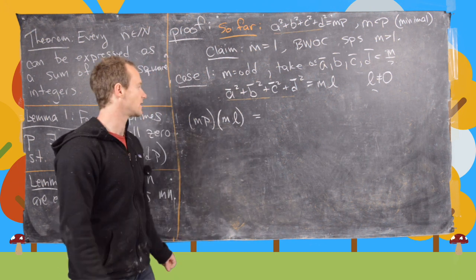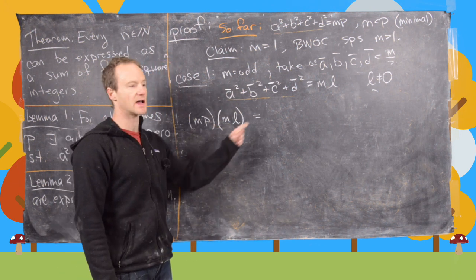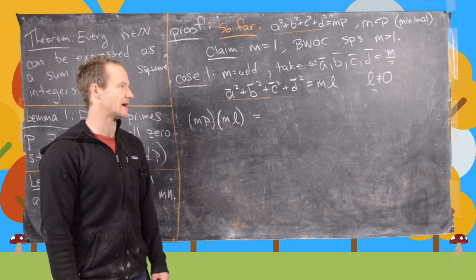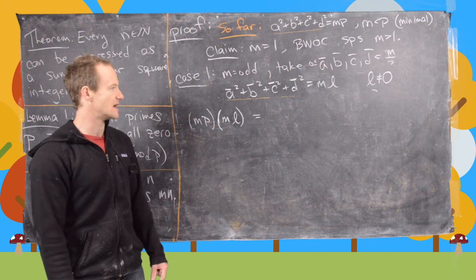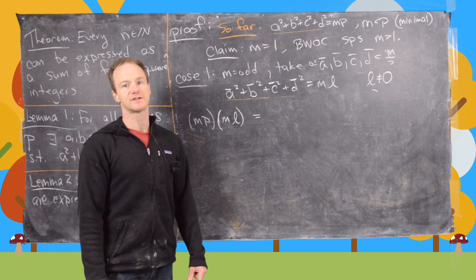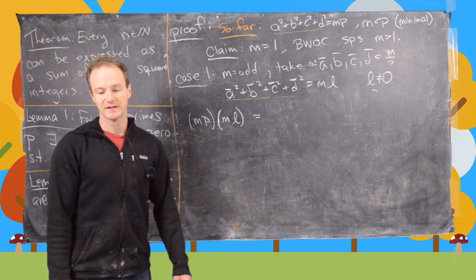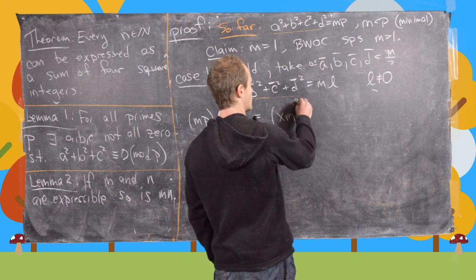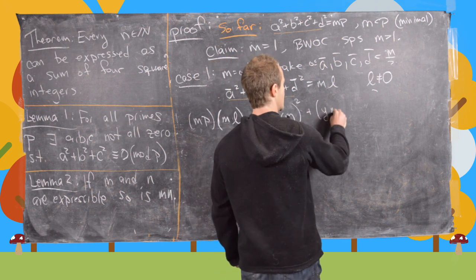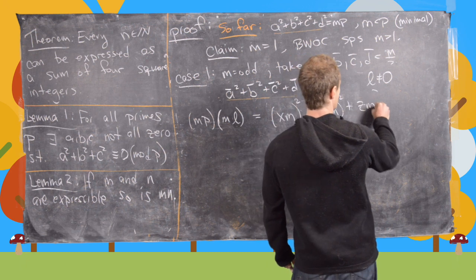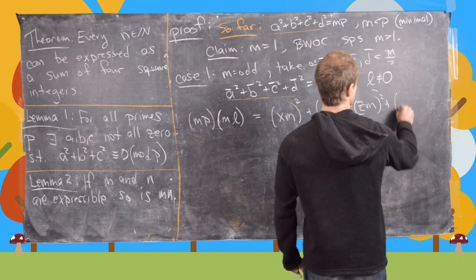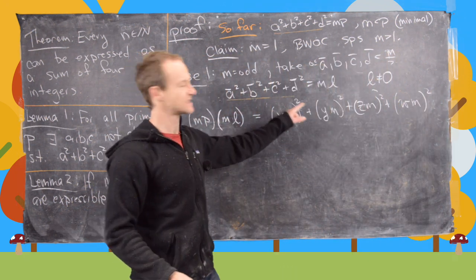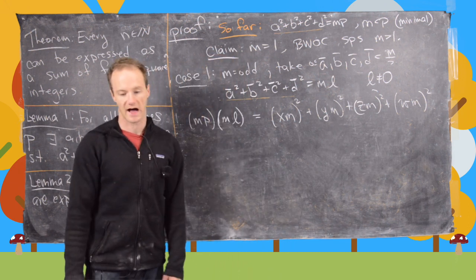Okay, so let's recall on the last board, we showed that this product expanded into a sum of 4 squares. Each of those summands was congruent to 0 mod M. In other words, each of those summands was a multiple of M, so that means we can write that as xm squared plus ym squared plus zm squared plus wm squared, where maybe this was number 1 on the last board, 2, 3, and 4 on the last board.